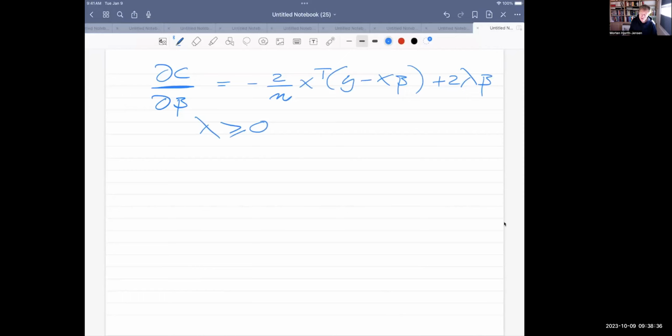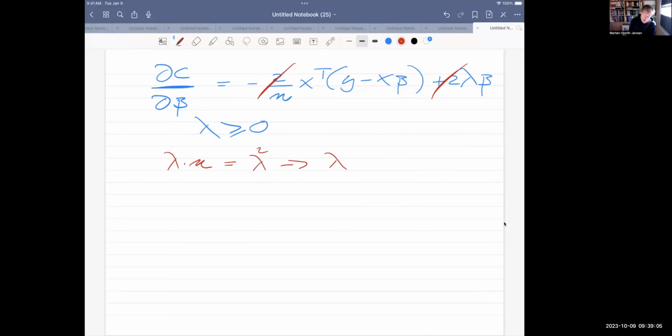Now, what I'm going to do now is obviously to divide away the 2's here, and I multiply away the n. So that means that I get a lambda times n, which I'm going to call a lambda tilde, which I'm then just going to relabel as a lambda. This is just a parameter. So I multiply away the factor of n, divide away the 2 here.